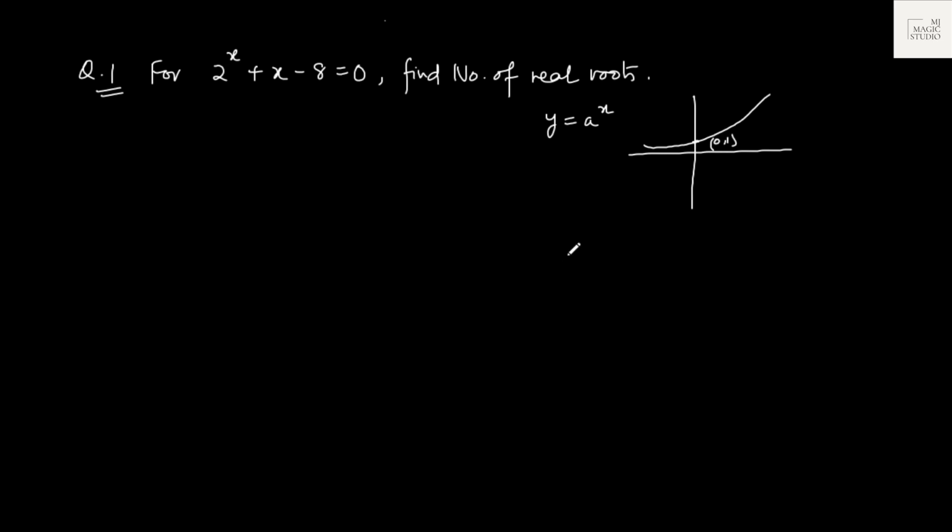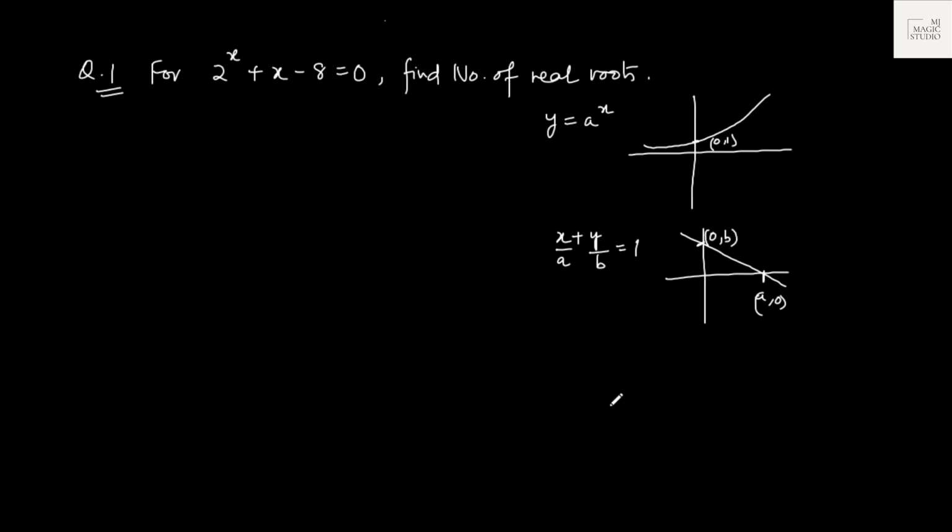And what will be the graph of an equation of a straight line like x by a plus y by b equals 1? This will be something like this, where the point on the x-axis is a comma 0 and the point on the y-axis is 0 comma b.